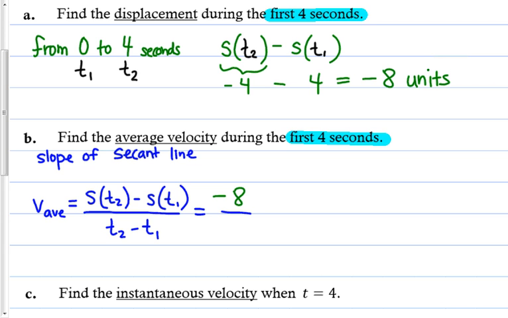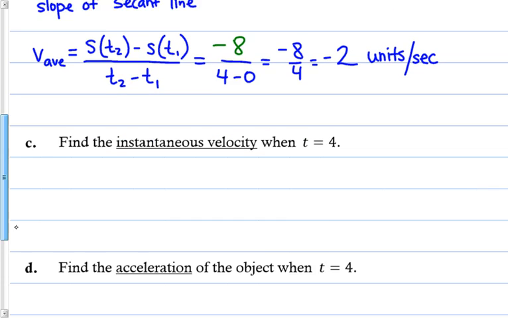So I'm going to plug in the 4 and the 0. I get -8 over 4, which is -2. So the average velocity was -2, and like I said, we don't have units, -2 units per second, because the time here is in seconds.